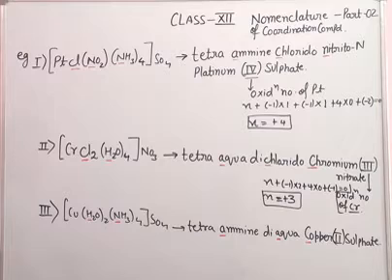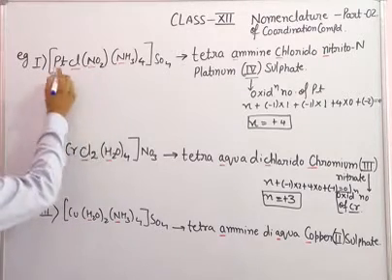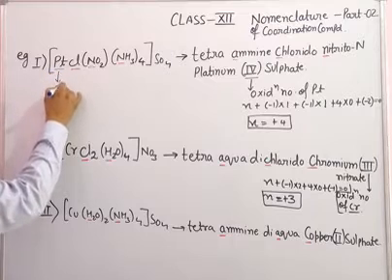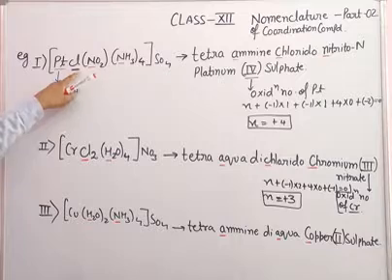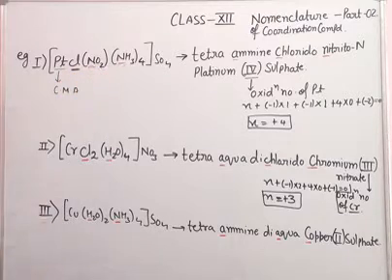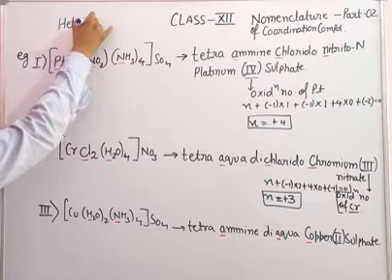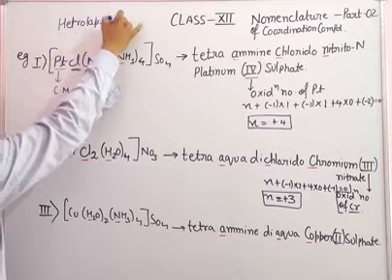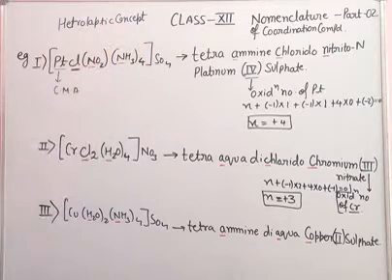Okay. So the first example: inside the coordination entity there is a central metal atom, CMA. This is a ligand, this is also a ligand, this is also a ligand. So this coordination compound follows the heteroleptic concept, meaning all the ligands are different.